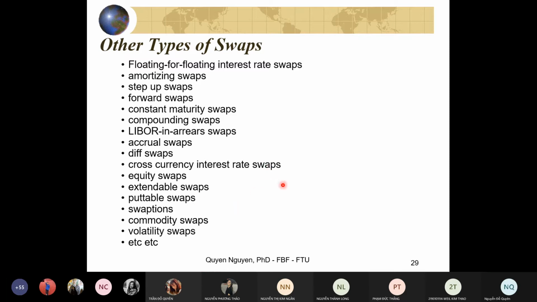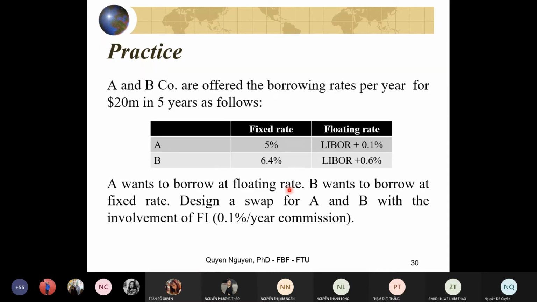But we only introduced to you a very basic mechanism of a swap contract and how the financial institution will consider designing different swaps in order to make use of the comparative advantage of each party getting involved in the swap agreement. For the swap chapter, we have already practiced some examples.